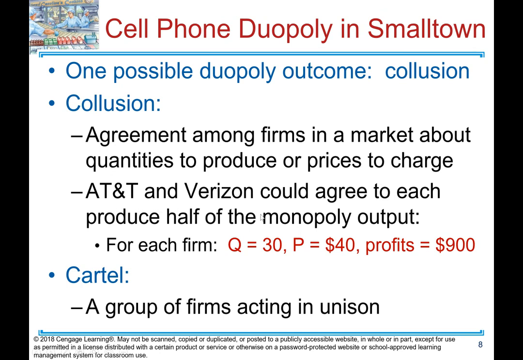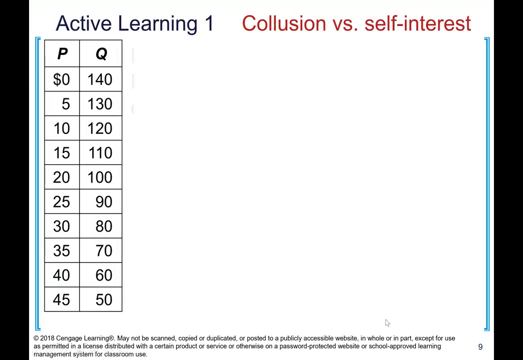AT&T and Verizon could agree to each produce half of the monopoly output. For each firm, output would be 30, the price would be 40, and the profit would be 900. The other possibility would be to form a cartel, which is a group of firms acting in unison.